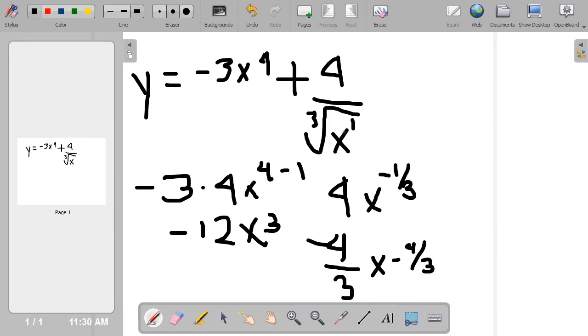So we can therefore rewrite this as negative 4/3 cube root of x. Oh wait, my handwriting is so bad.